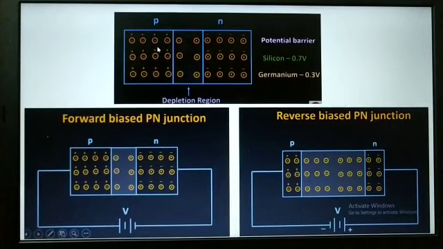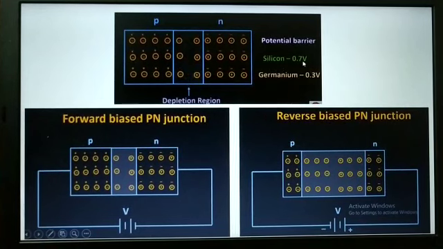Then only can the holes move from p to n, and the same goes for electrons. If they want to pass from the n region to the p region, they should cross this depletion region with the required voltage, and it varies as per the material. For silicon it is different, and for germanium it is different.